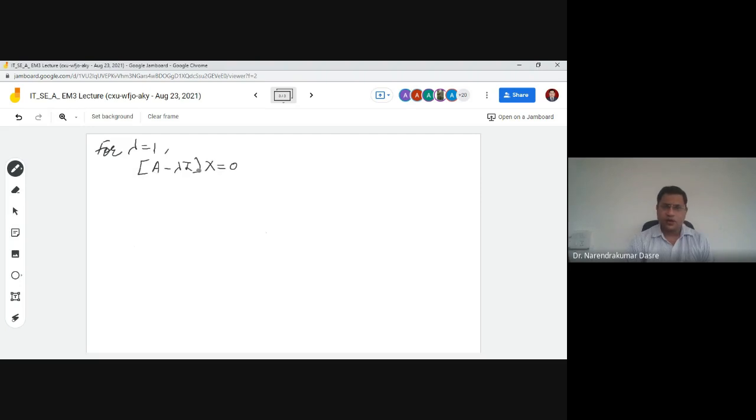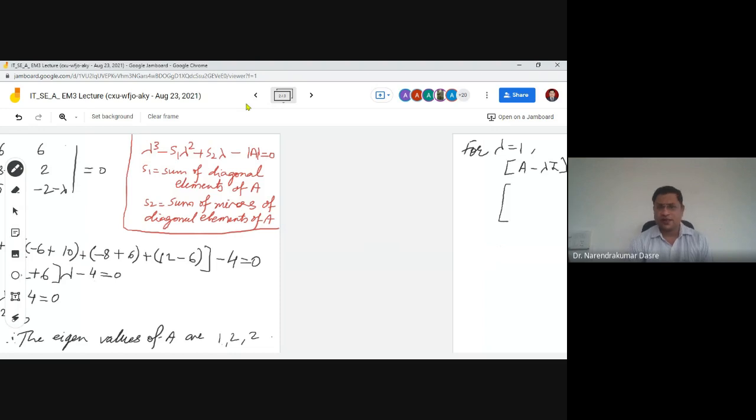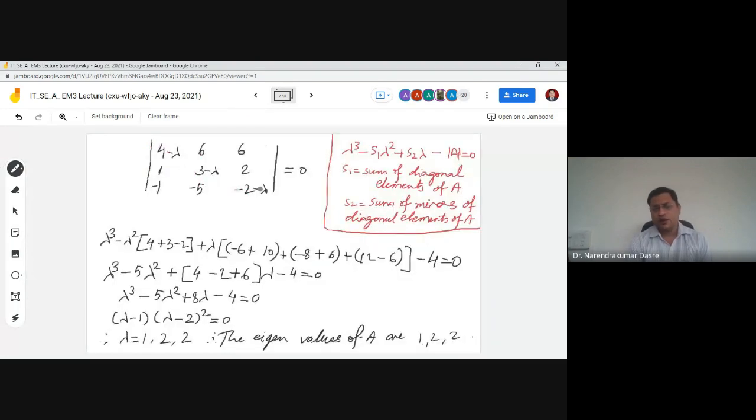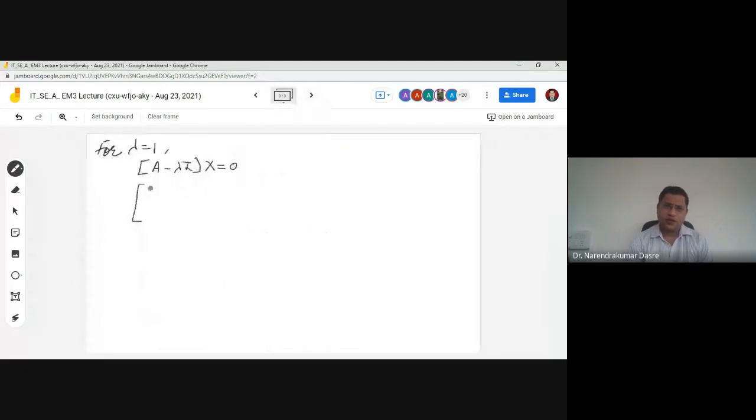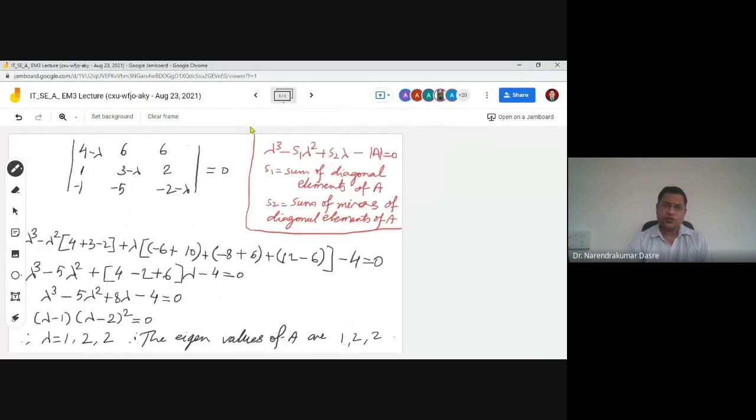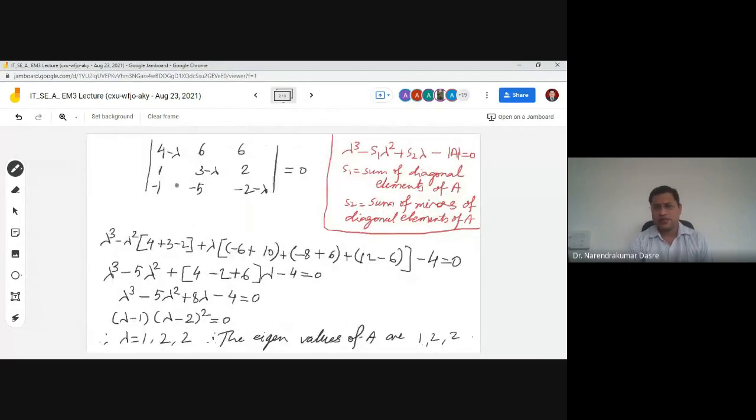Now here when we say capital X, it is going to be the vector, small x is going to be a component. So now we write here, what do we have? This matrix, and the value of lambda is going to be 1 now. So it is going to be 3, 6, 6.